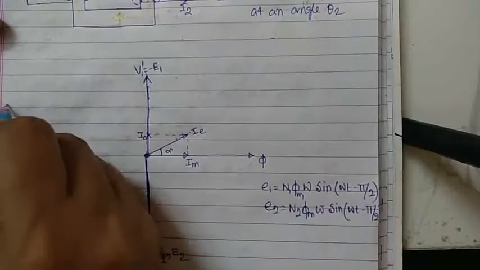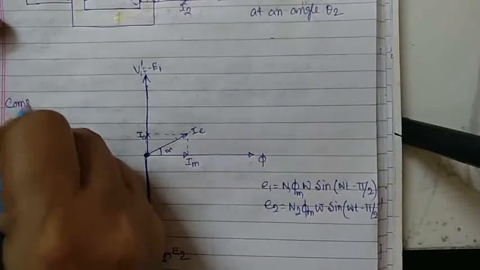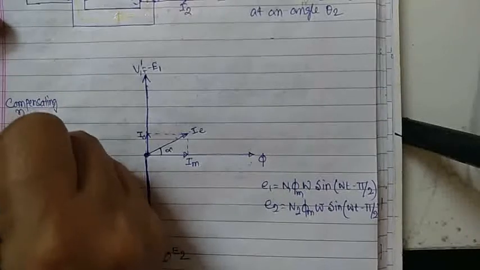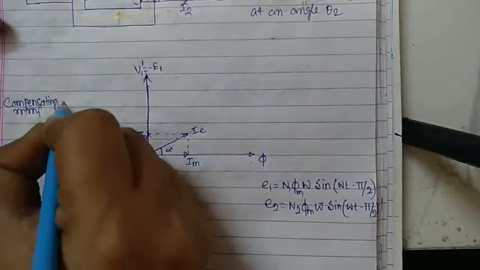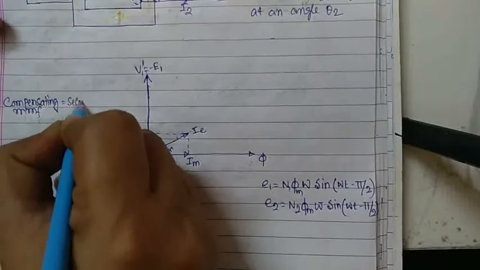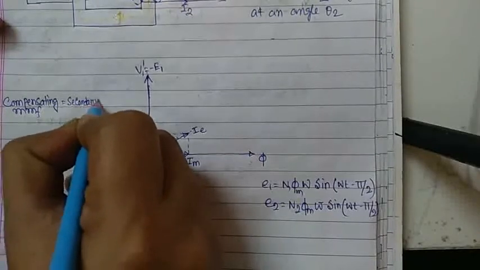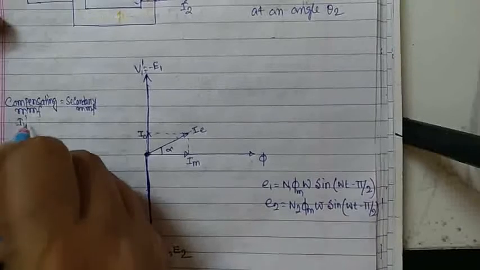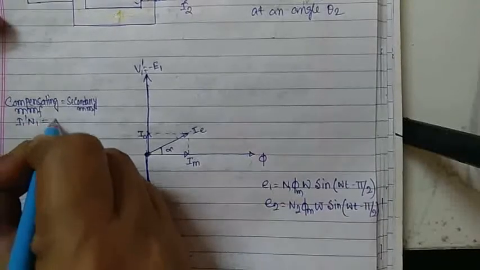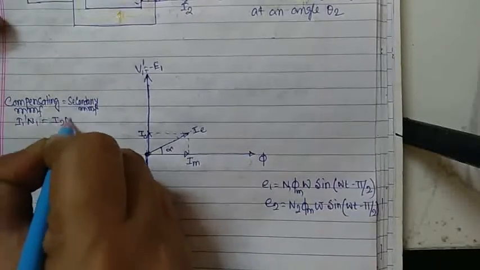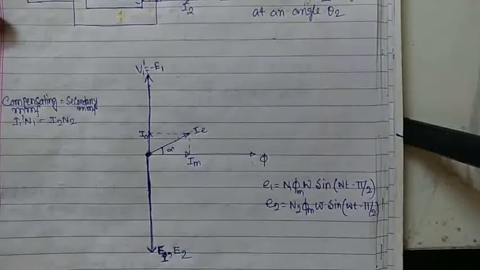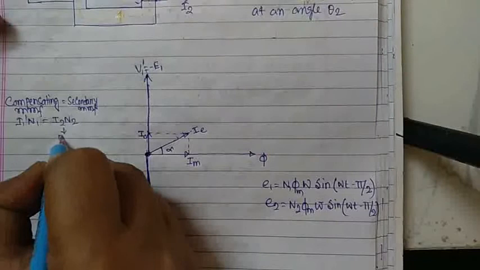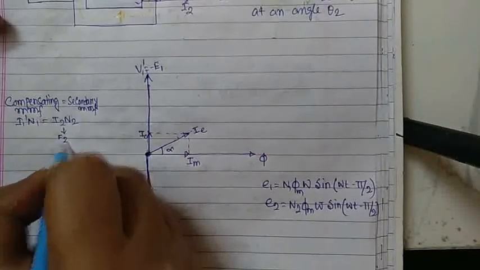Now the compensating MMF is equal to the secondary MMF, that is I1 dash N1 equals I2 N2. That is your F2, the secondary side MMF.